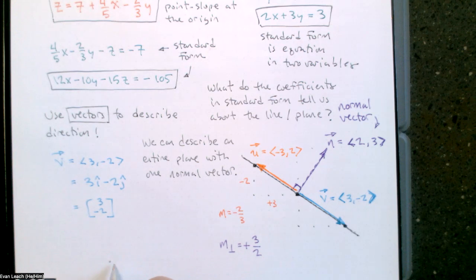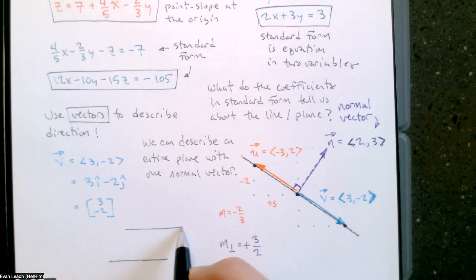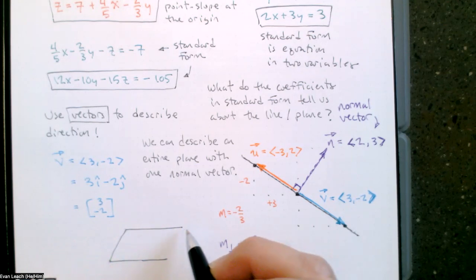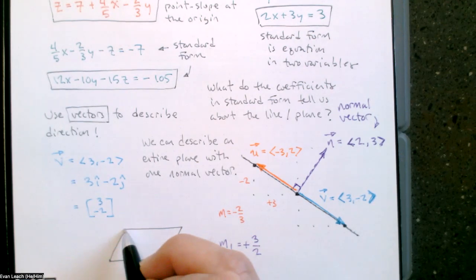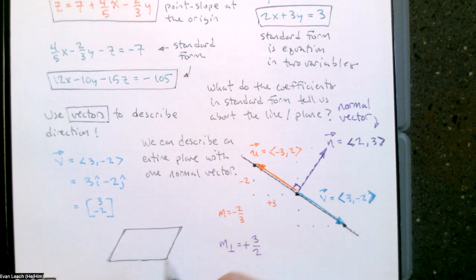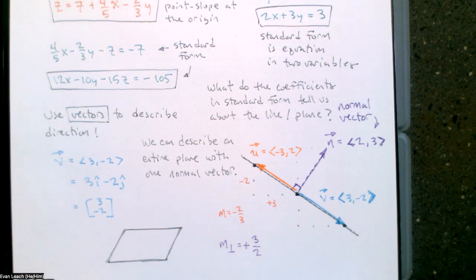So we can describe our plane with two vectors.